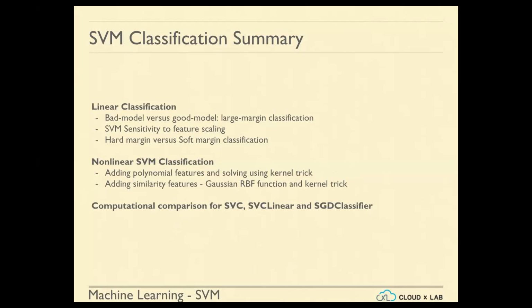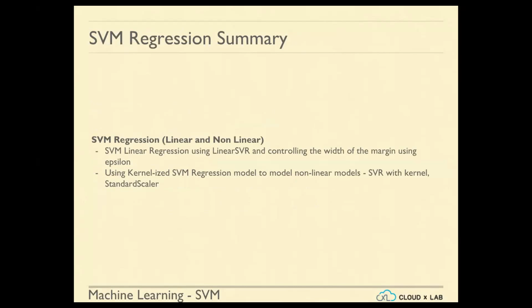Then we learned nonlinear SVM classification by adding similarity features and polynomial features. And then we compared complexities of SVC, linear SVC, and SGD classifier. In SVM regression, we talked about the basics of using the linear SVR and controlling the width of margin using epsilon, and using kernelized SVM regression for nonlinear models.